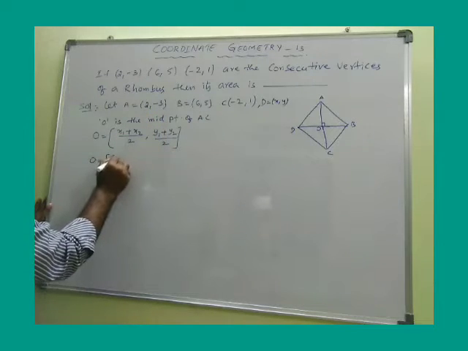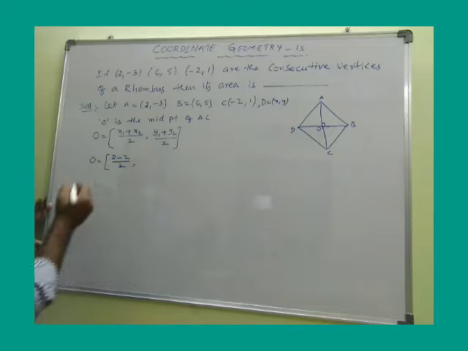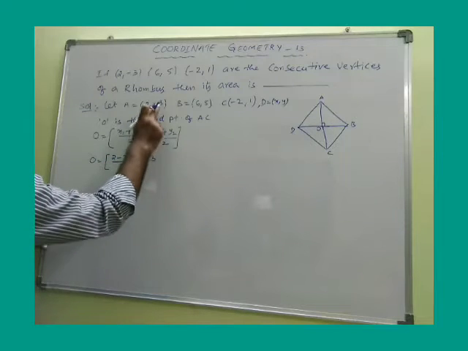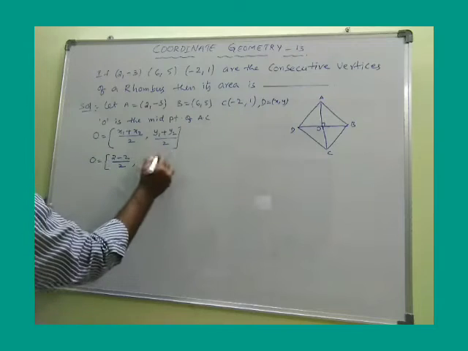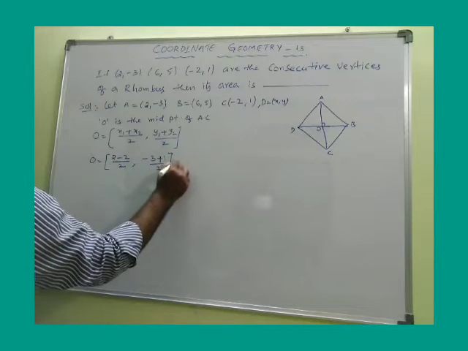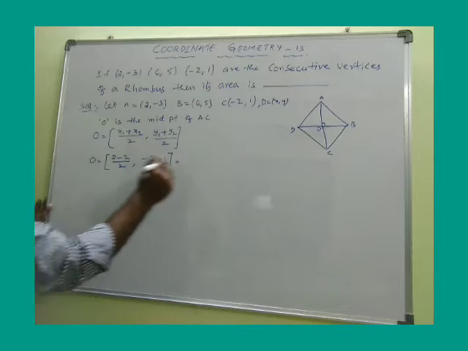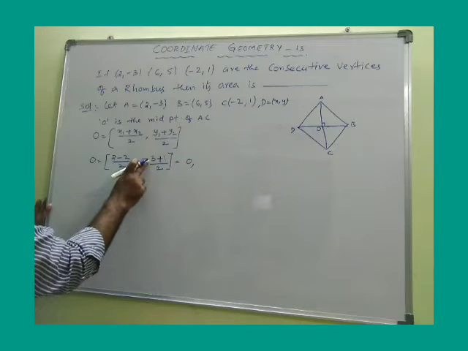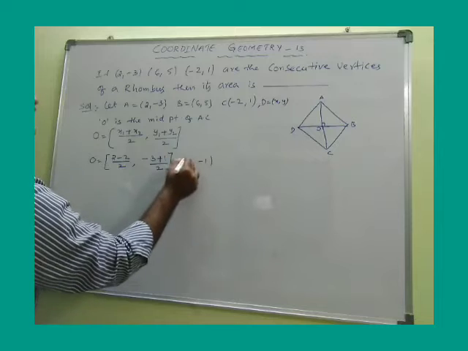So this is (2 minus 2) by 2, comma (y1 is minus 3 and y2 is plus 1) whole divided by 2, which is equal to 0 by anything is 0, and this is minus 2 by 2 which is minus 1.